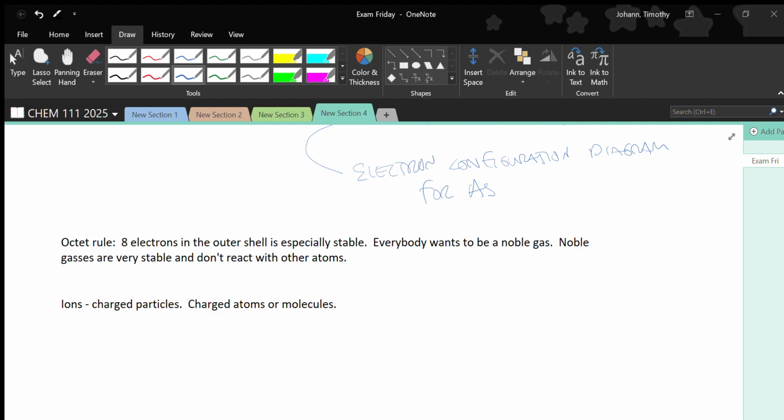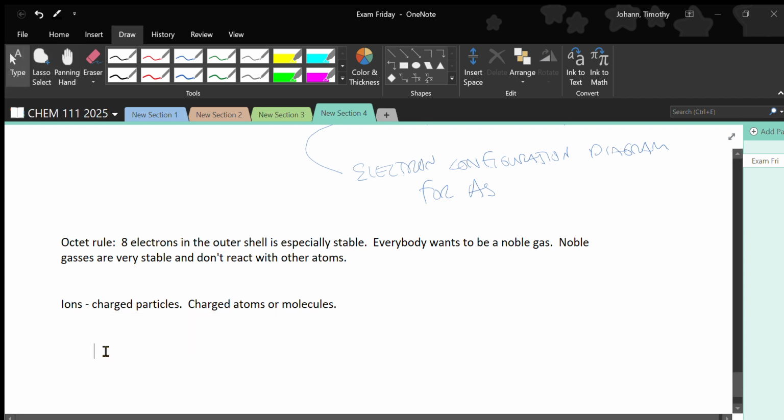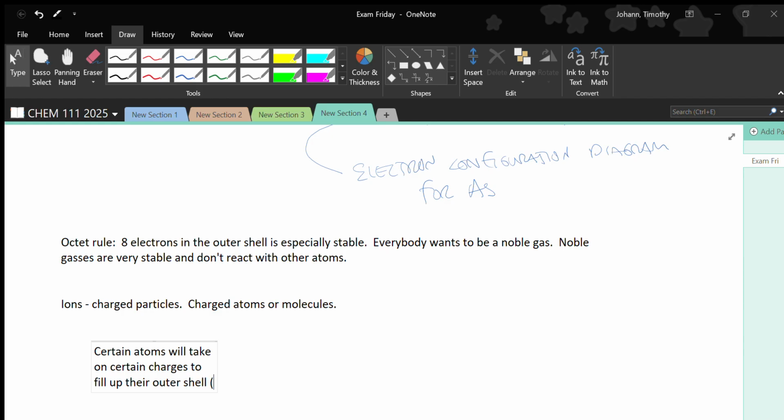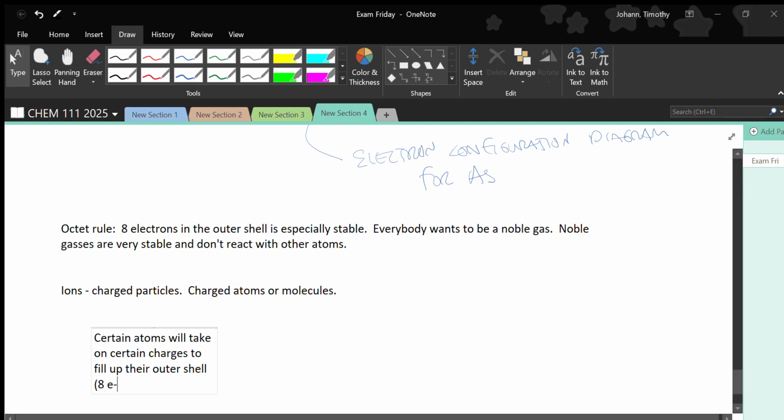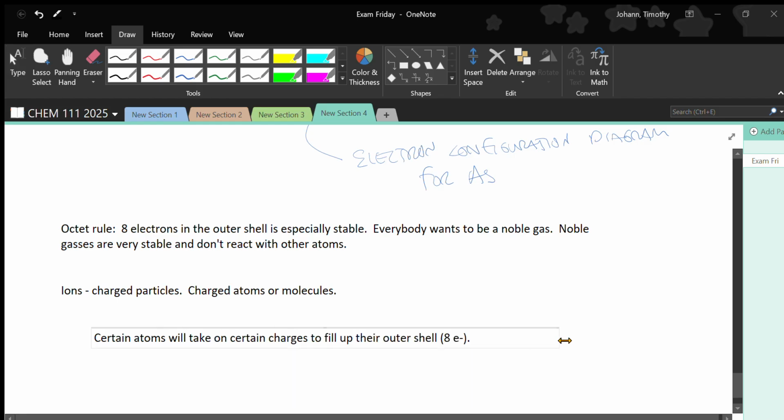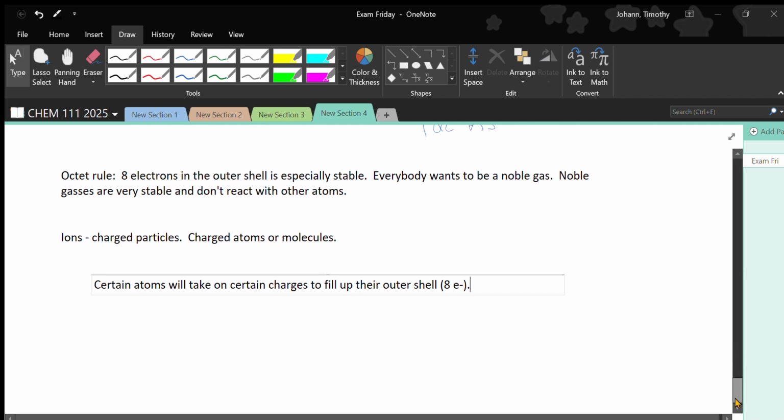That follows this octet rule. They're trying to be noble gases. So they're going to take up certain charges to fill up their outer shells to be like noble gases.